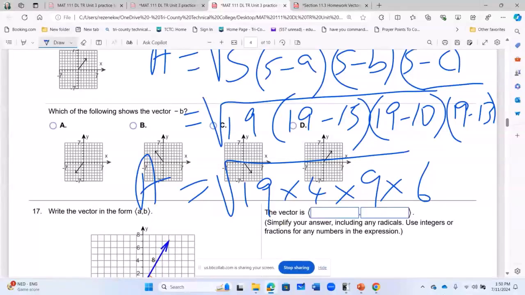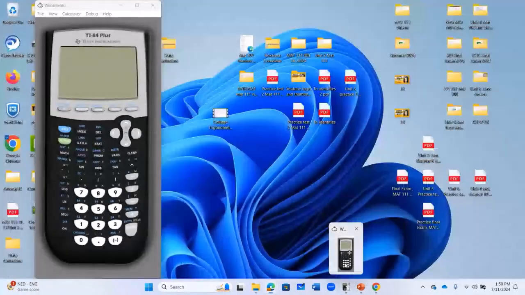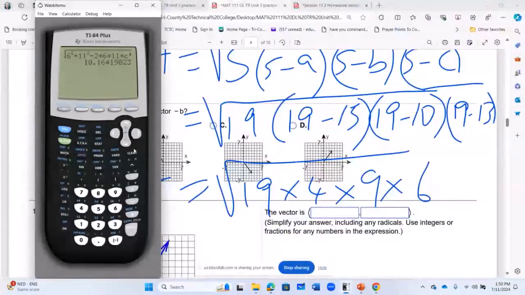And then I'm going to put this in my calculator. All right, so I'm going to clear, second square root. 19 multiplied by 4 multiplied by 9 multiplied by 6. And then I hit enter.